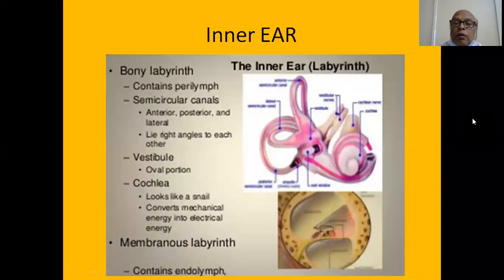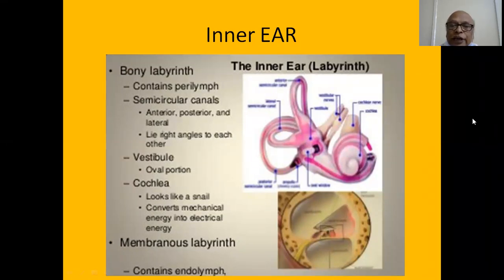Now, the semicircular canals at one of their ends are swollen. They are called the ampulla of the semicircular canal. The importance of the ampulla is that it enlarges the specialized sensory epithelium that is responsible for balance.